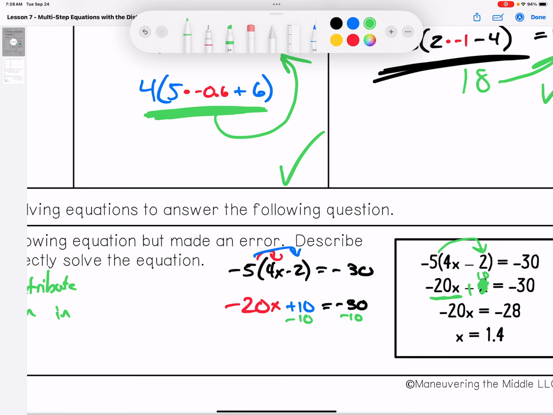Subtract 10. Those go away. You're left with negative 20x equals negative 40. Divide by negative 20, and x equals 2. The correct solution is x equals 2.